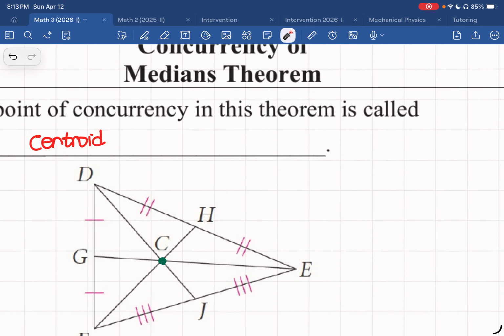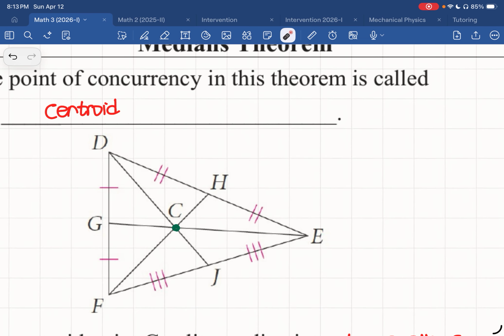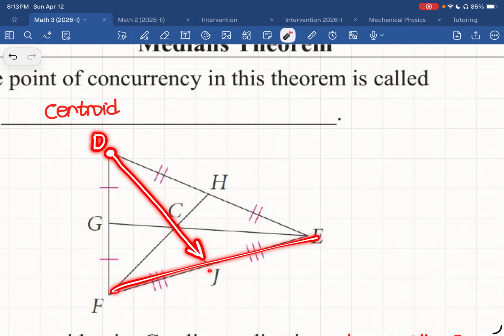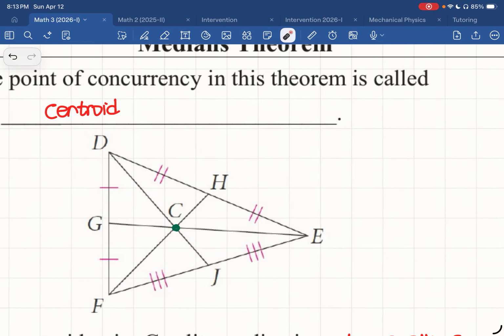So, for example, this line over here, the endpoints are the vertex and the midpoint of the opposite side. Remember, what is the opposite side to this angle that we have here? The opposite side is this one, the side J. And what is the midpoint of J? This one, right? So the endpoints of this line are the vertex of D, right? And the midpoint of the opposite line.